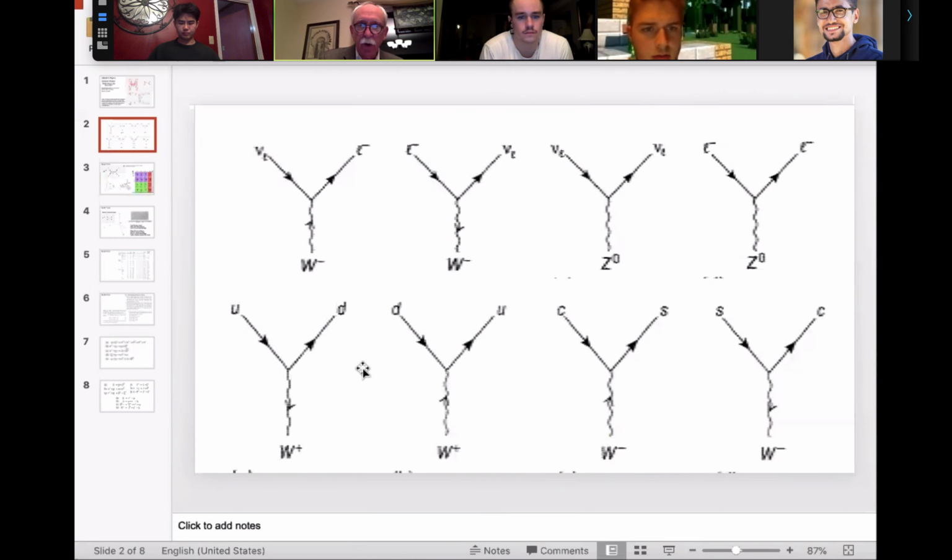So here's all the examples of what a W plus, a W minus, and a Z particle can do. They say U and D here, but they show both as particles, don't they?